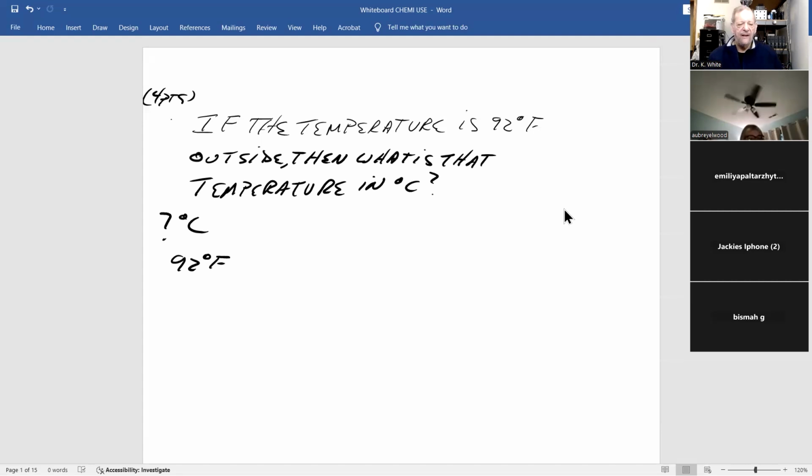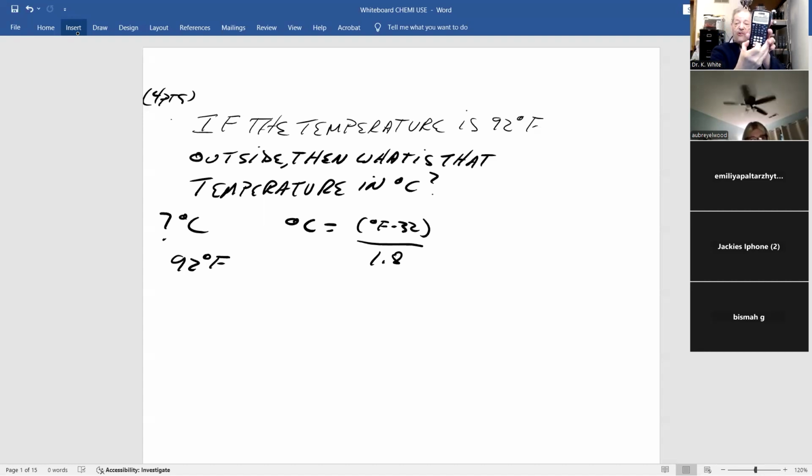Now, from the formulas which you'll be given, degrees C equals degrees Fahrenheit minus 32 divided by 1.8.